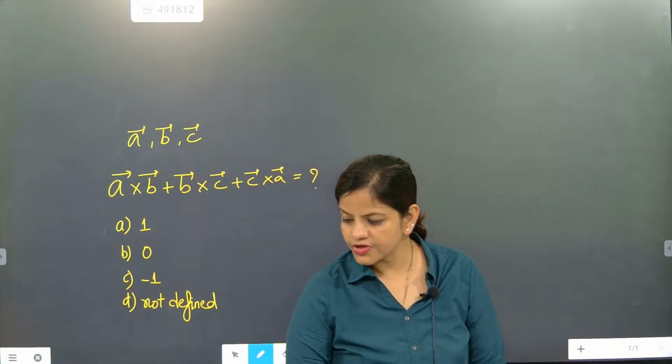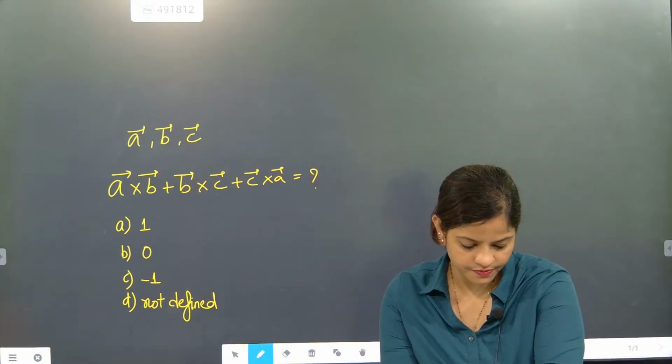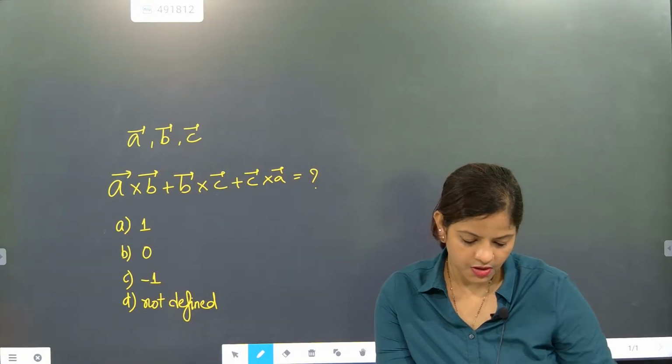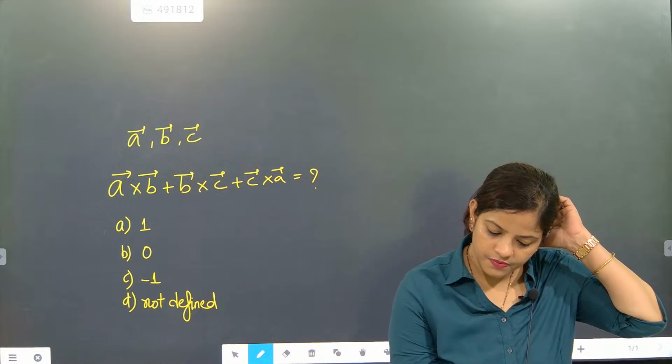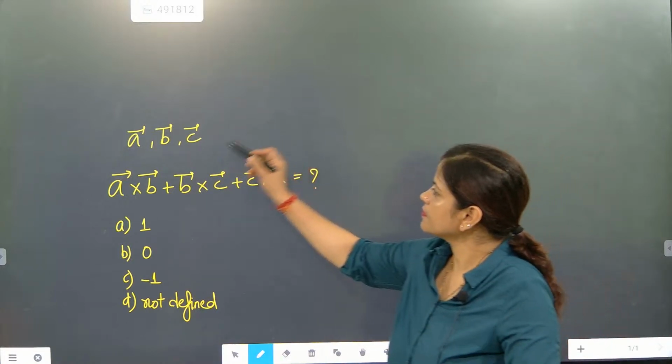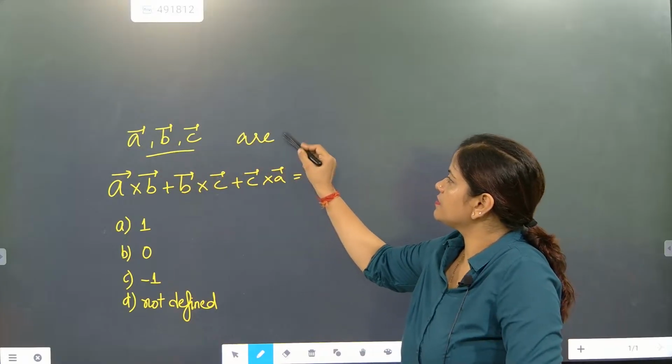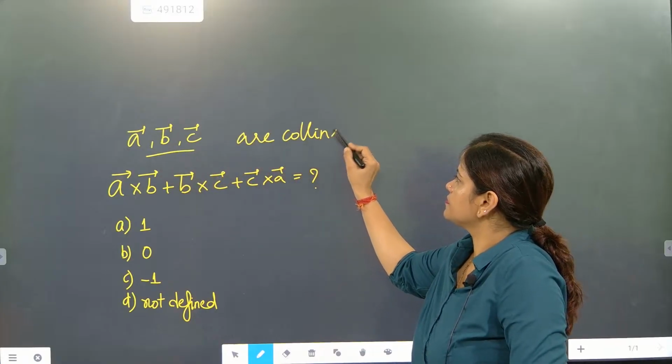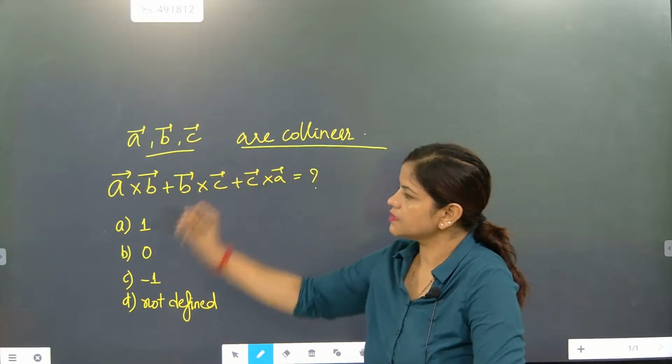Come on, go for these questions, please. Where these are collinear. Okay.